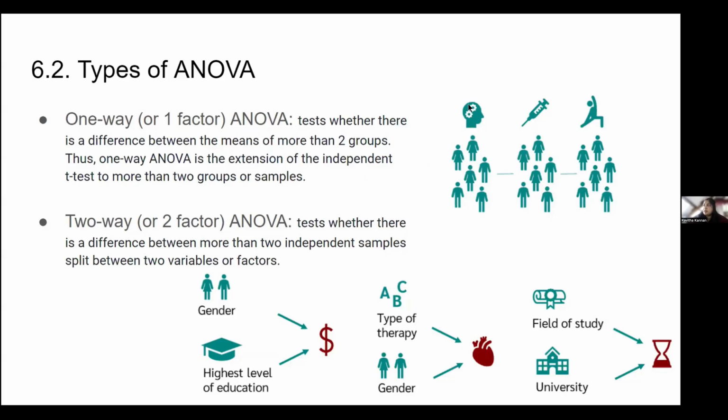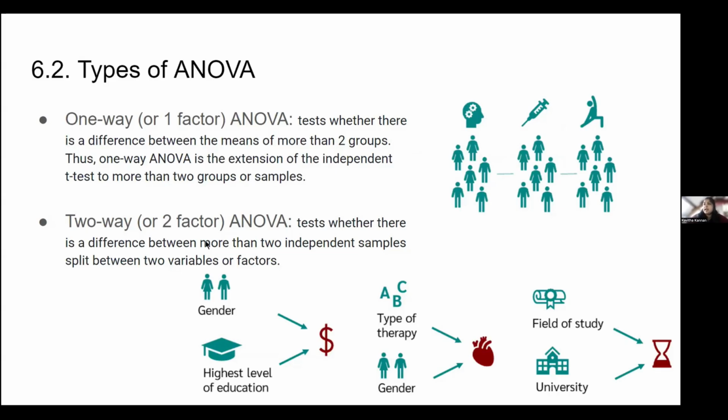One group, you let them just meditate, no drug given. The second group, you give them a drug and see the benefit on their health. The third group, no medicine, no meditation, but some yoga, and let's see if there is an improvement in their flexibility. So when there are more than two groups, that's the simplest one, the one-factor ANOVA.